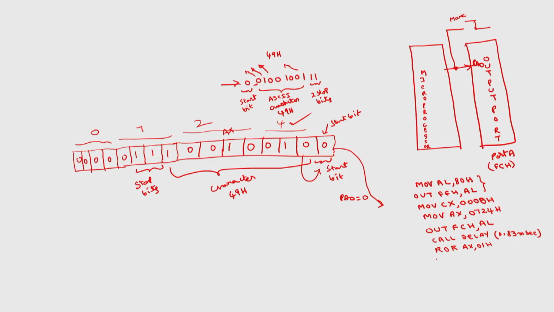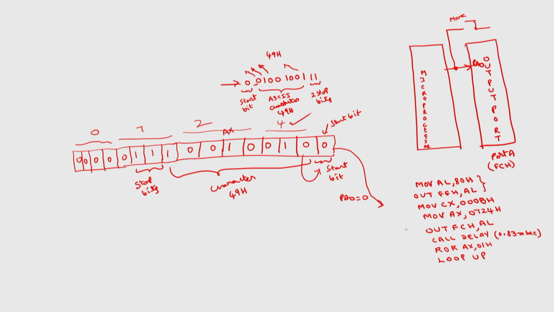Then I will decrement CX because I have already transmitted 1 bit. So, for that, JNZ up. In this loop CX will be decremented until CX is equal to 0, otherwise it will branch to the address with the label up. So, where should this up be now? Up should be OUT FCH comma AL.